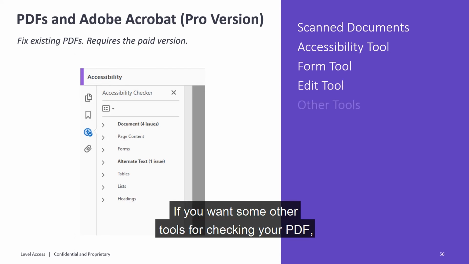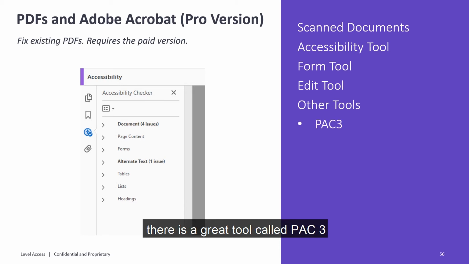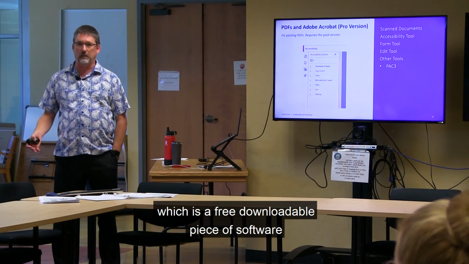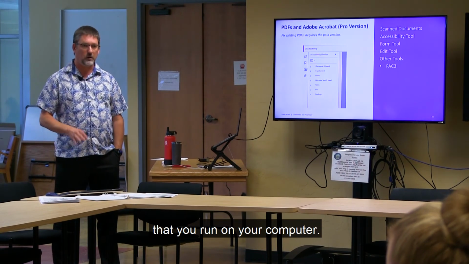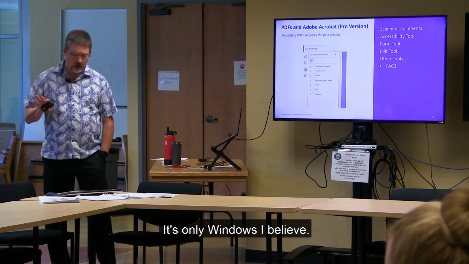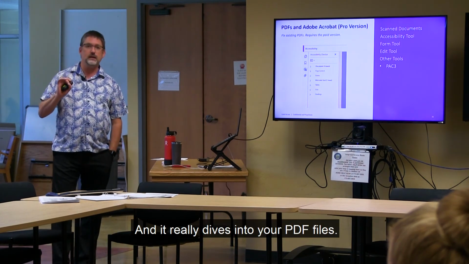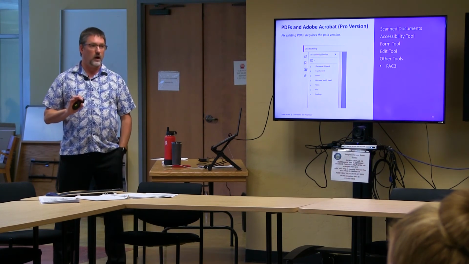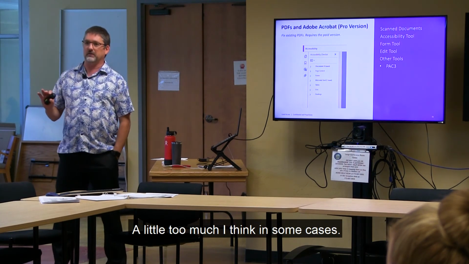If you want some other tools for checking your PDF, there is a great tool called PAC 3, which is a free downloadable piece of software that you run on your computer. It's only Windows, I believe. And it really dives into your PDF files. A little too much, I think, in some cases.